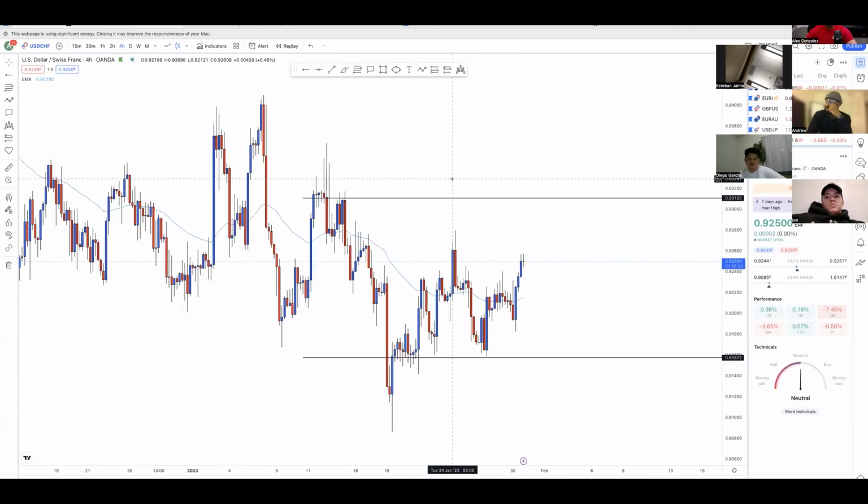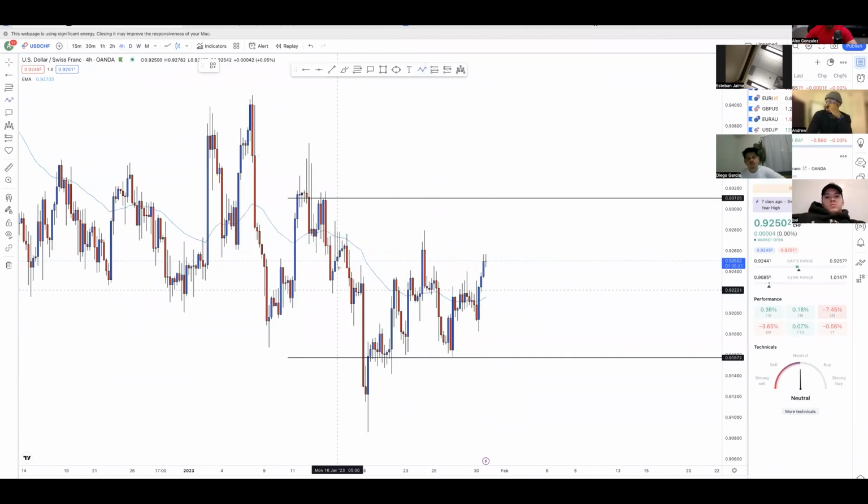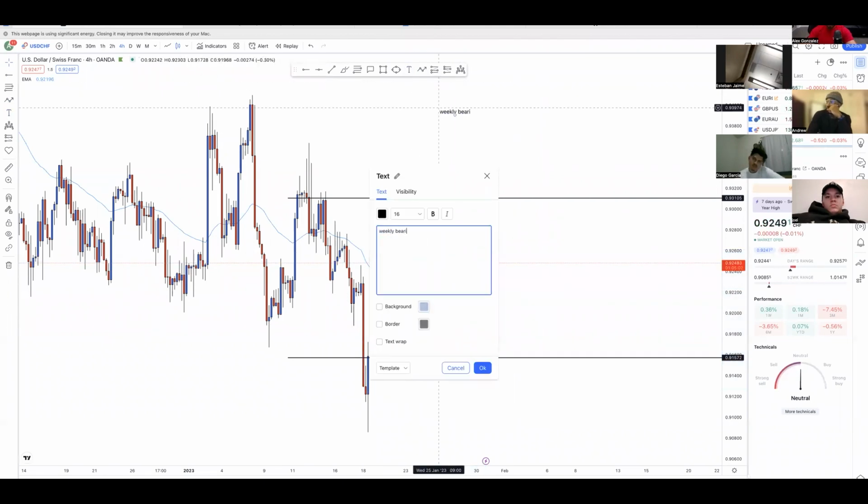And then this time frame right now, it's a little tricky. I just call it bullish, right? Because let's say you don't count this point. So here we got the 4-hour bullish, right? So we got weekly bearish, we got daily bearish.